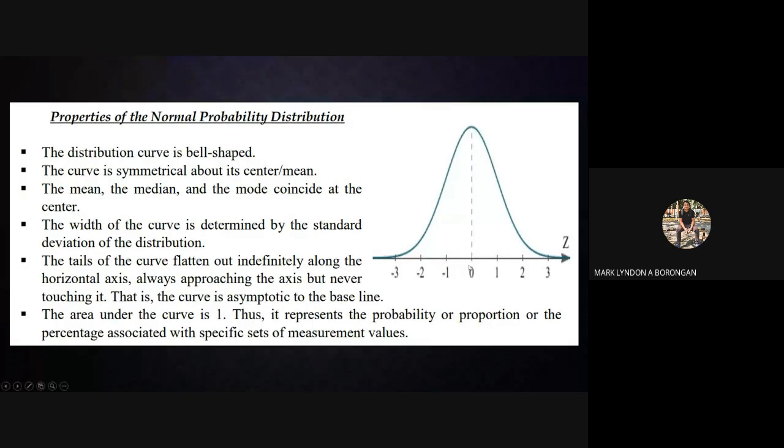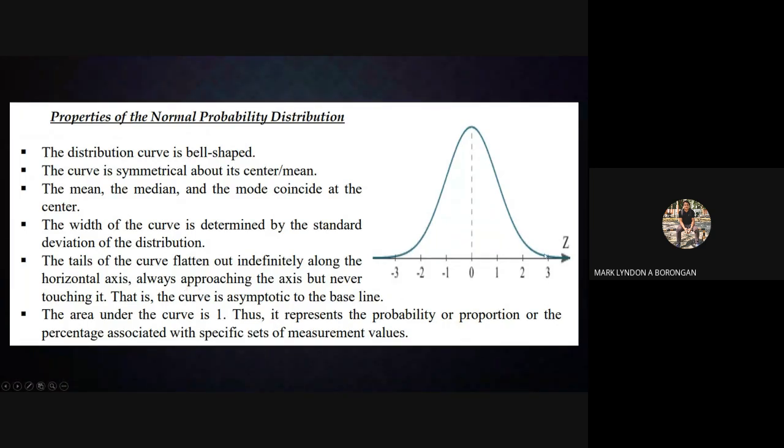And the width of the curve is determined by the standard deviation of the distribution. We will discuss the formula for the standard deviation later, guys. Then the tails of the curve flatten out indefinitely along the horizontal axis, always approaching the axis but never touching it.